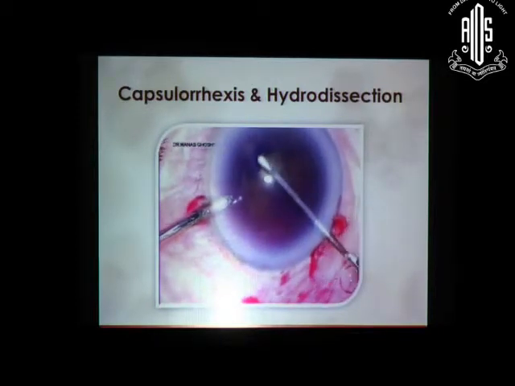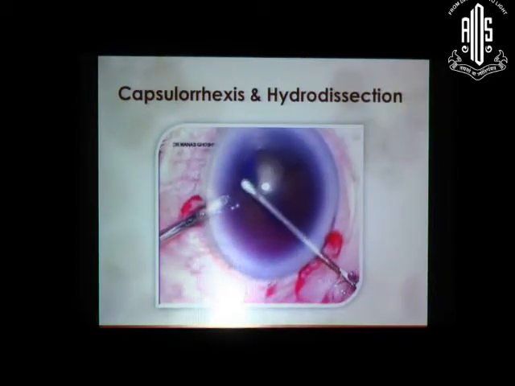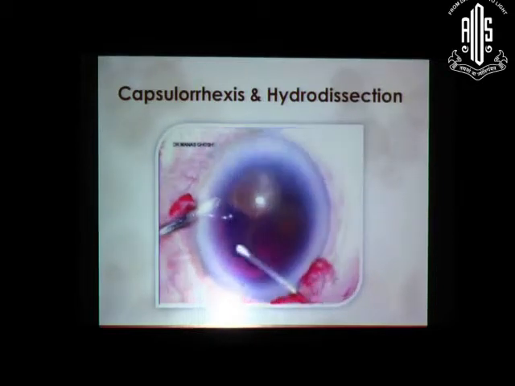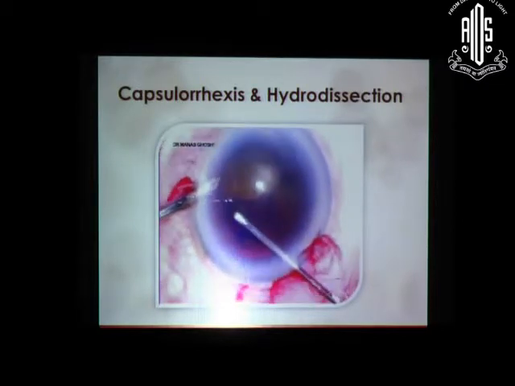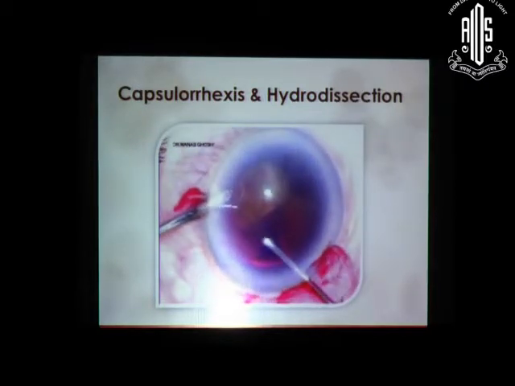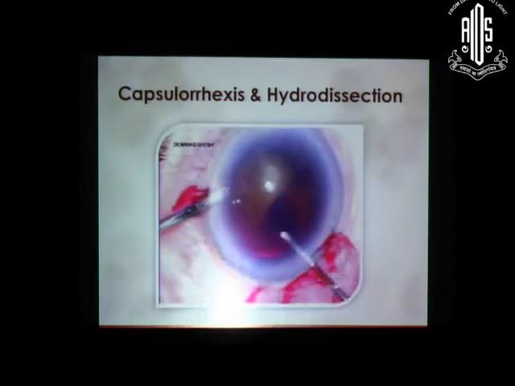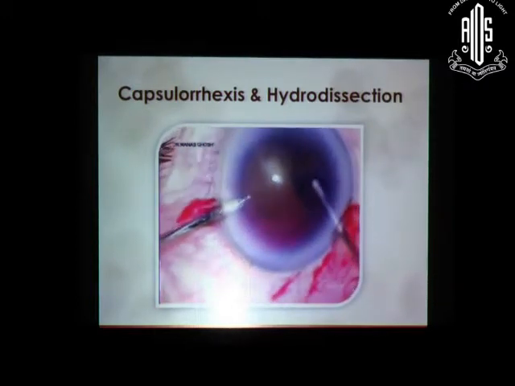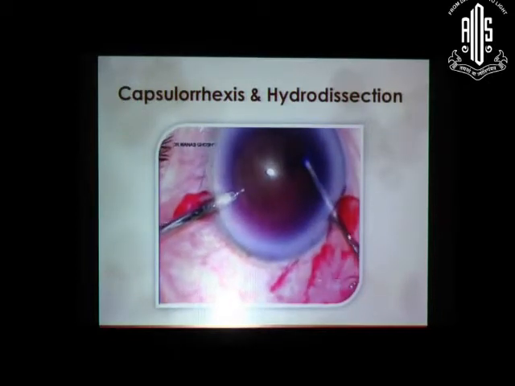Size of the capsulorhexis will be larger as compared to your routine cases, 5.5 to 6 mm. This larger capsulorhexis diameter will prevent damage to the anterior capsular rim during chopping, and also if you need to convert, it will be easier if you make a little bit larger capsulorhexis.